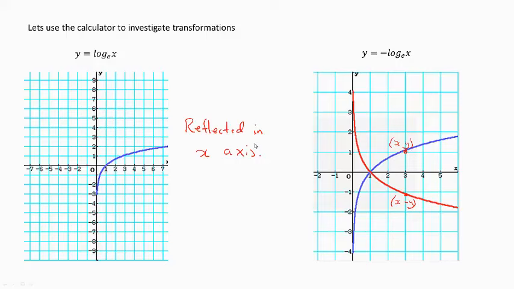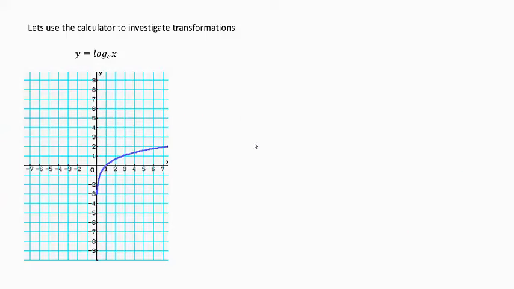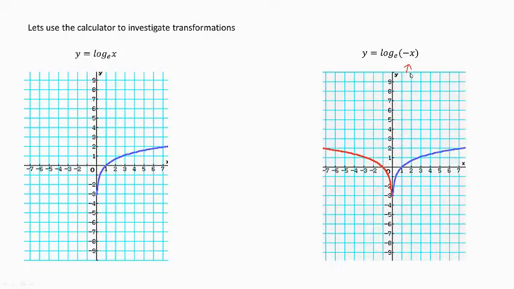Now, let's compare that to reflection in the y-axis. Well, you look at this graph. Notice that this time the negative sign is inside the bracket, so that's going to reflect in the y-axis.